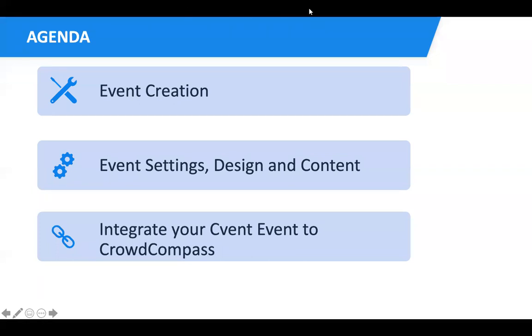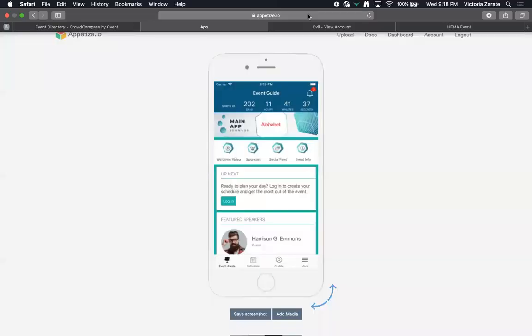So what I want to start off with is by showing you all what a mobile app looks like in case there's any of you that have not seen it before. All right, so here we have just an example of what a mobile app looks like.